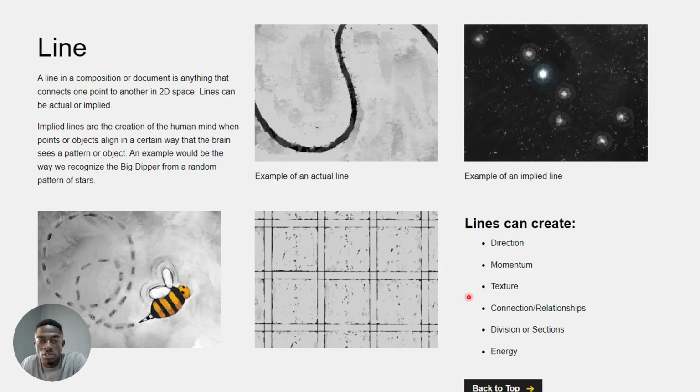Now lines can be used to create texture, and this, for instance, would move our mind straight to probably a napkin. Some napkins have this sort of texture. Then we also have connection, relationships, divisions or sections, and energy. When you use the line in your design, you can use it to partition your design.